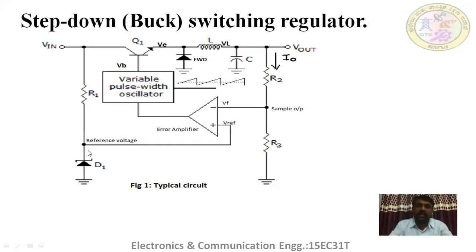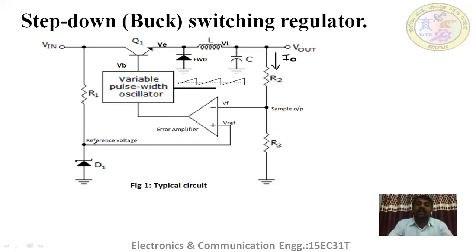The reference voltage is always constant, and it decides the designed or desired output voltage. And this error amplifier generates an error signal that is proportional to any changes at the output.